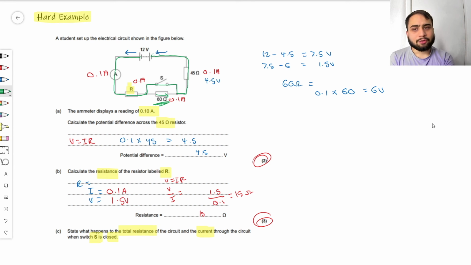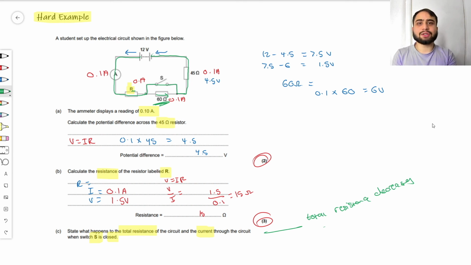So now, rather than having R here, plus the 60 ohm resistor, plus the 45 ohm resistor, we just have R, which is 15 ohms, and the 45 ohm resistor. So the total resistance has decreased. So I'll write here, total resistance decreases. But now, what is resistance?